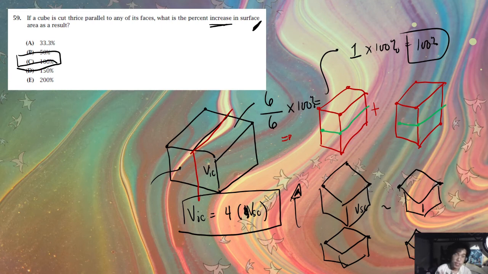in terms of surface area in order to wrap these four smaller gifts, or these four smaller cubes that we created from the larger cube. That's kind of like saying, let's say you bought a gift wrapper that's 5 meters by 5 meters.